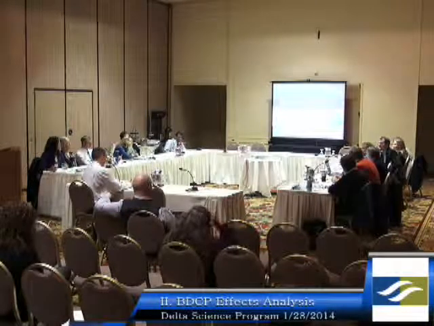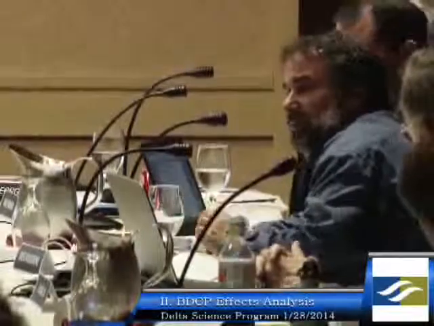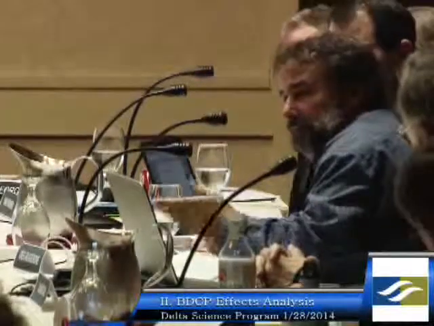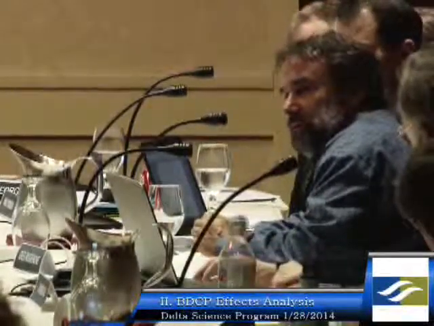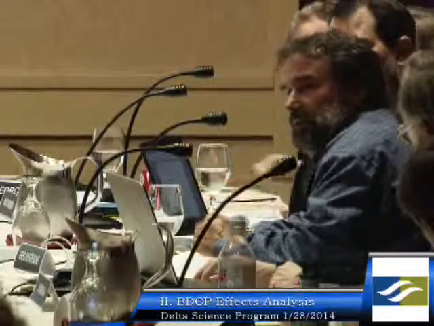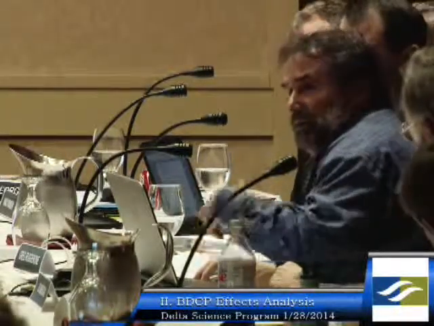I had another comment. I thought it was interesting bringing in the results from your August 2013 workshop with agency personnel and describing certainty, uncertainty, and differences of opinion. I thought that was useful.